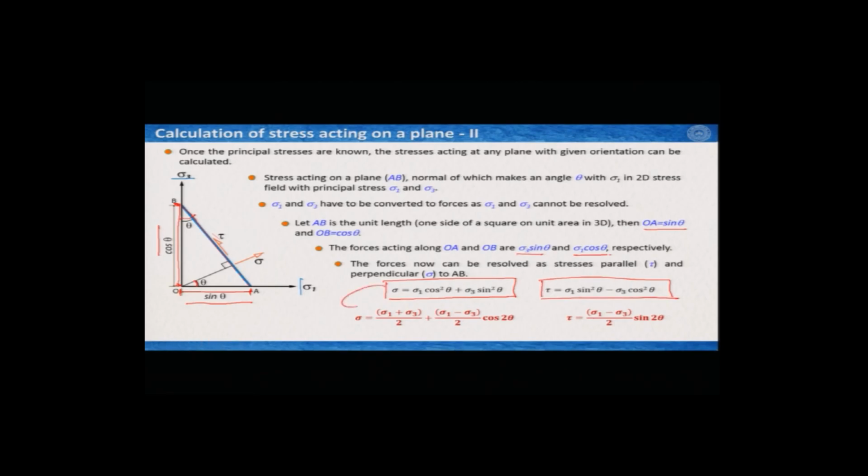And of course, you can do some algebraic manipulations and you would arrive at these two equations. I read these two equations and I will tell you why. Sigma equal to sigma 1 plus sigma 3 divided by 2 plus sigma 1 minus sigma 3 divided by 2 cos 2 theta, and tau equal to sigma 1 minus sigma 3 by 2 sin 2 theta.